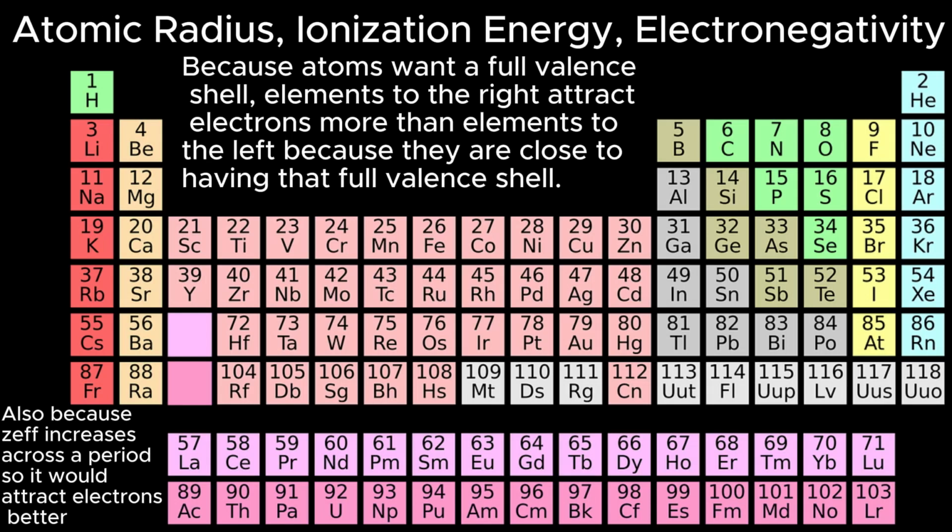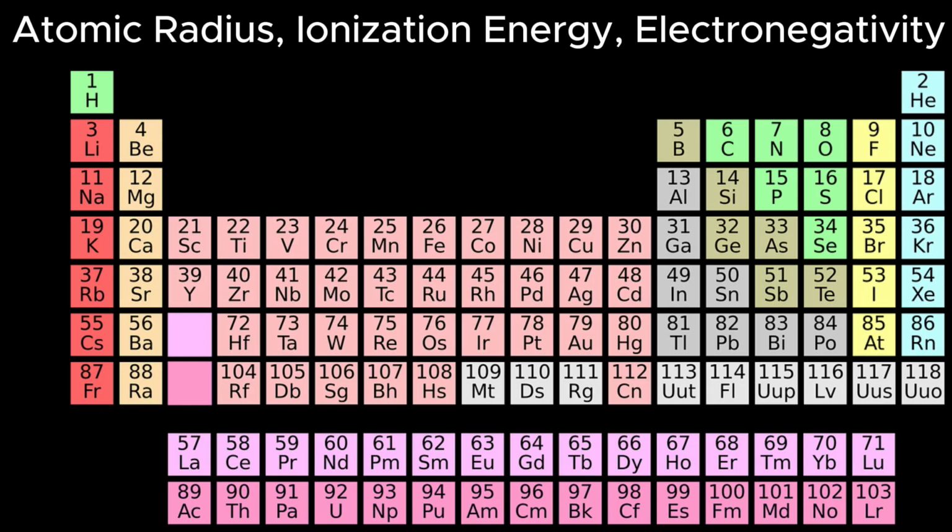Elements to the left, in fact, want to lose their electrons. They want to give away their electrons. And another reason why electronegativity increases across a period is because the atoms get smaller, which means the protons are going to attract the electron more.